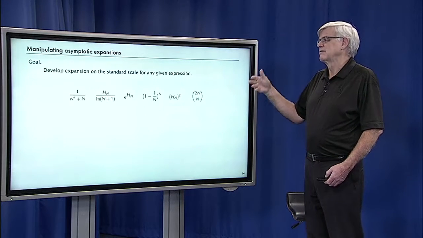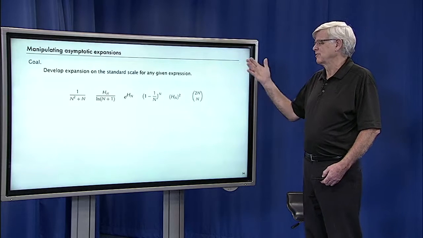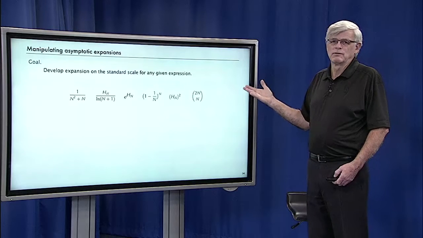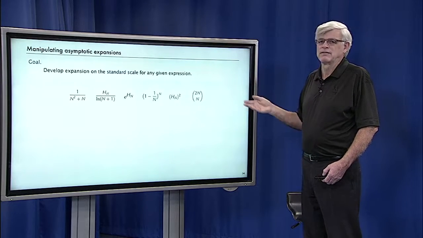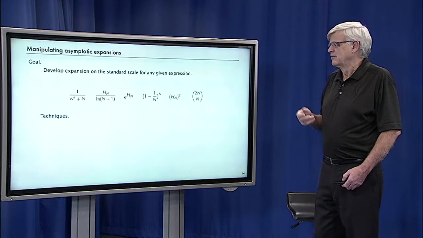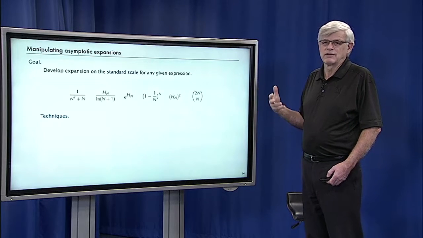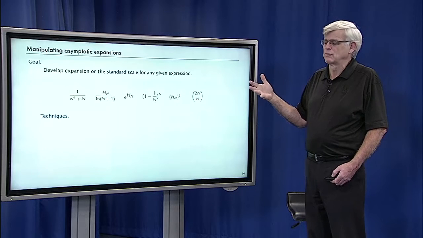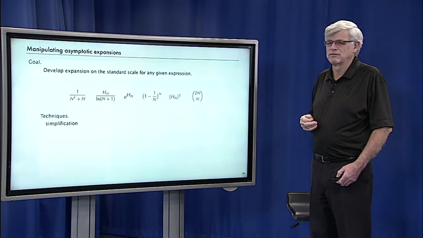On the other hand, using asymptotic expansions, we're going to get all of these in a kind of coherent form where we can be confident that we can work with them. There are a lot of different techniques that we use, and each one of them is relatively simple, but it's still worthwhile calling out examples of each.